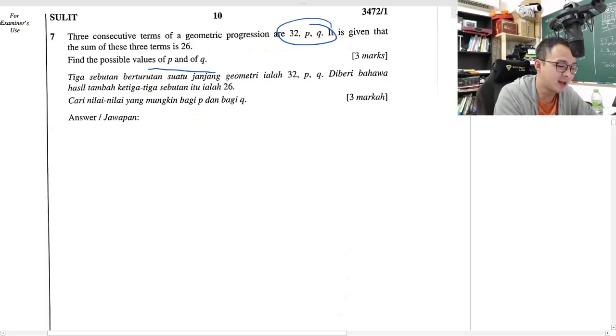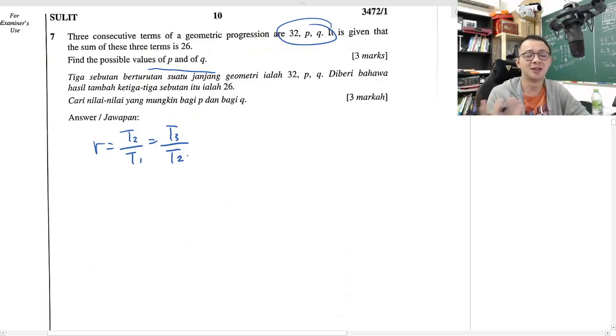From GP, we know the common ratio is T2 over T1 equals T3 over T2, right? You should have learned this for the common ratio.